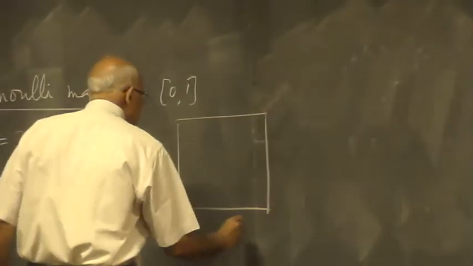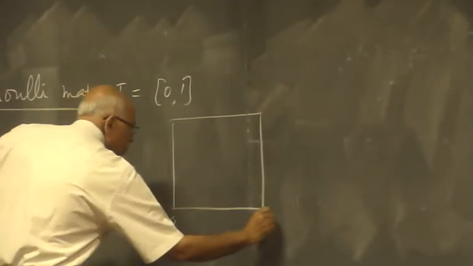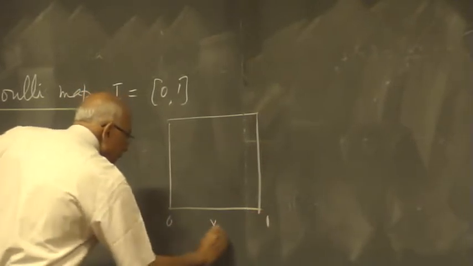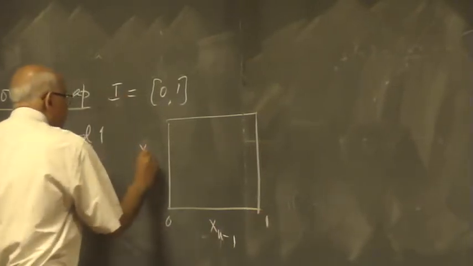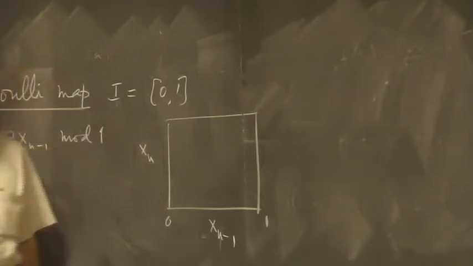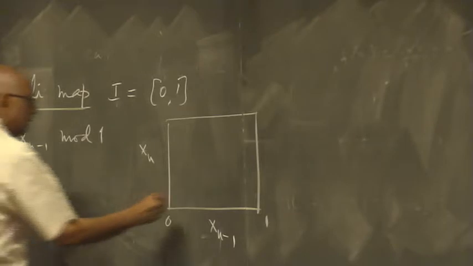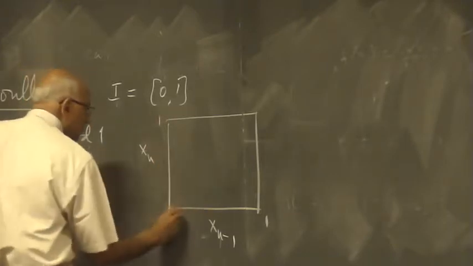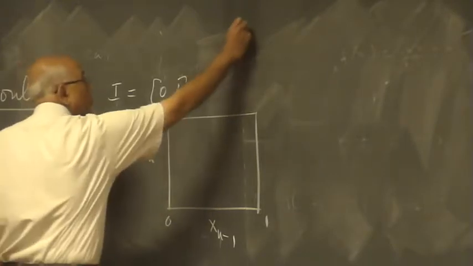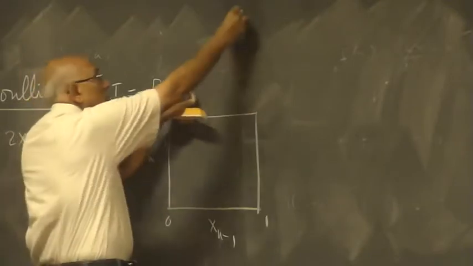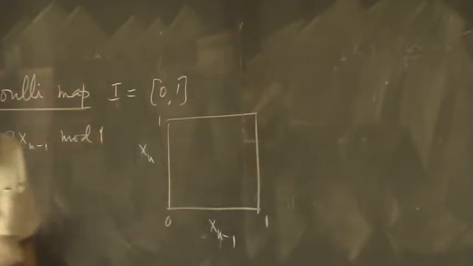What's the shape of this map? Basically, I have 0 to 1. Here's x_{n-1}, and here's x_n for any n, because it's a function, right? It says twice as much. So it says draw, this is 1, draw a line of slope 2, and the moment it exceeds 1, you cut it and put it back here by subtracting 1.